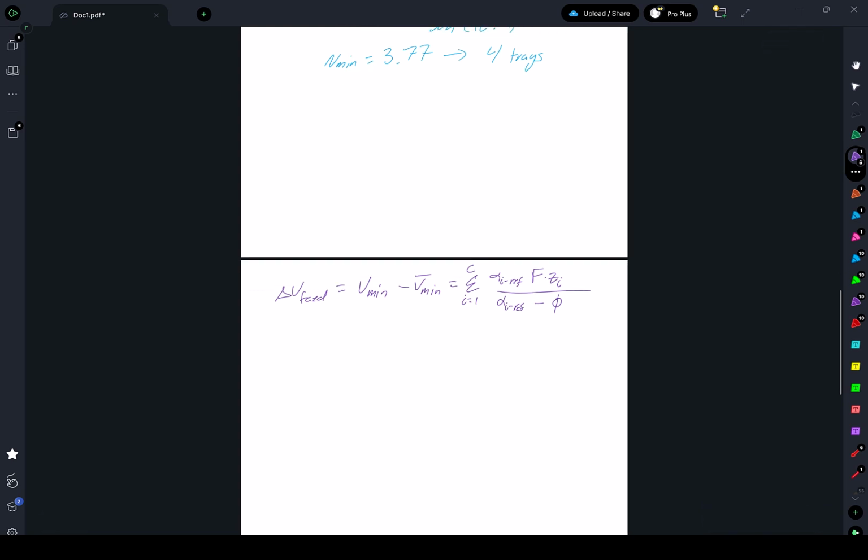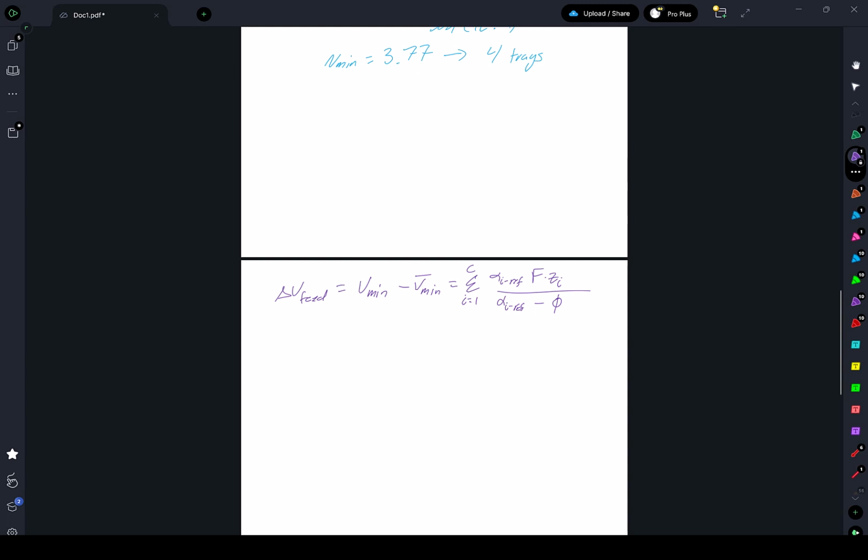Okay, but there is one thing to note. Since it is a saturated liquid, our change in V is going to be 0. You can think of this as also being our vapor fraction times our feed. But since it's a saturated liquid, we don't have a vapor fraction. Our vapor fraction is 0. Therefore, this is going to be equal to 0. We're not having a change in vapor flow rate due to the feed being entered into the column.